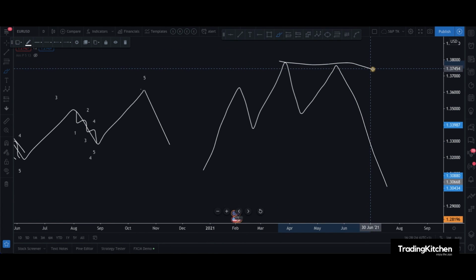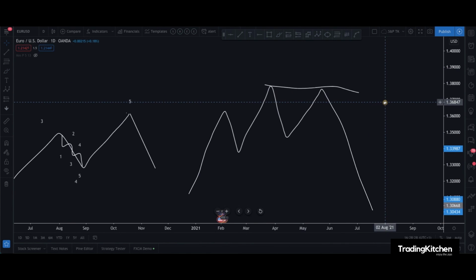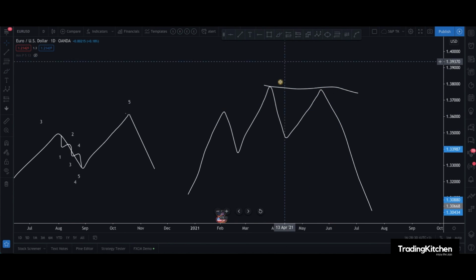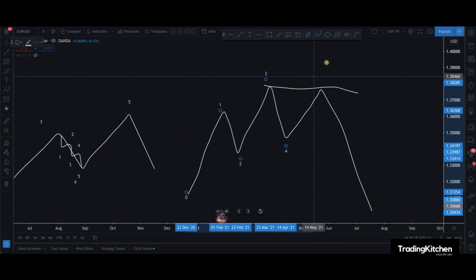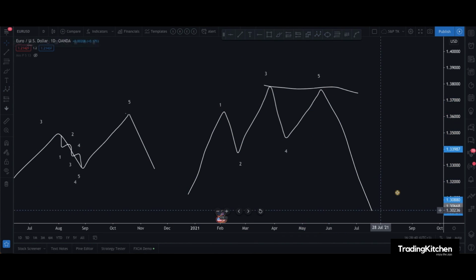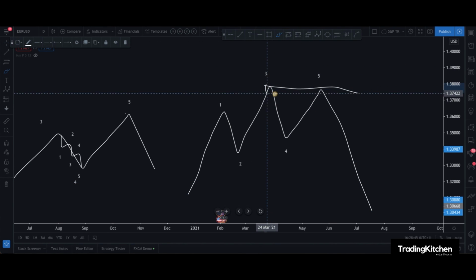As we saw before, sometimes the pattern is not complete, and sometimes number 5 is below 0.3, which is also the same confirmation of a double top, for example.